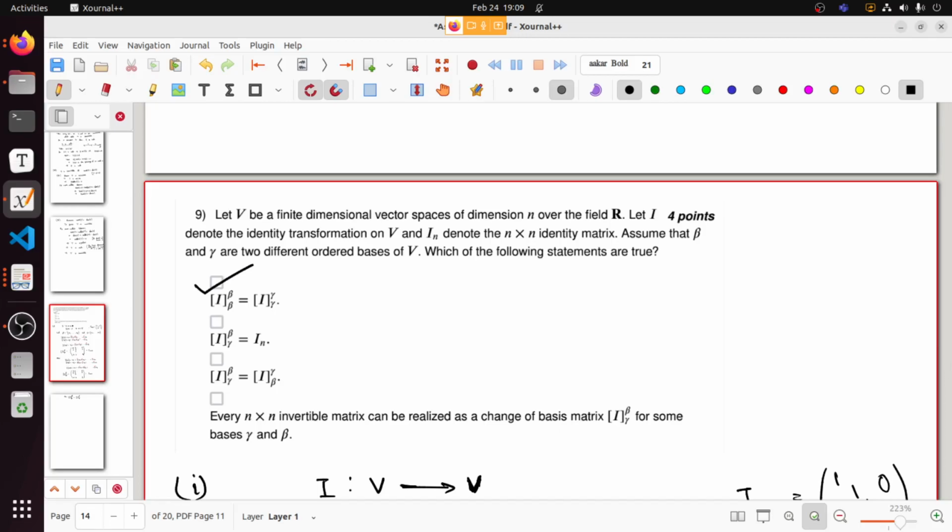Now let's come to the next option, option number 2. You have to find the identity matrix with respect to the bases gamma and beta, and check whether this is the identity matrix or not.